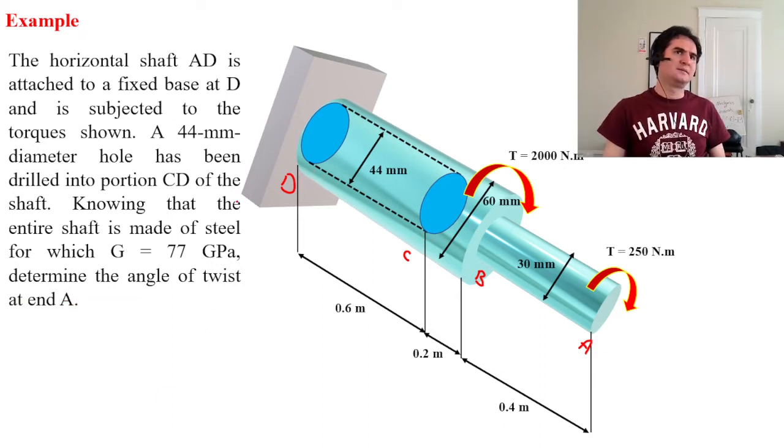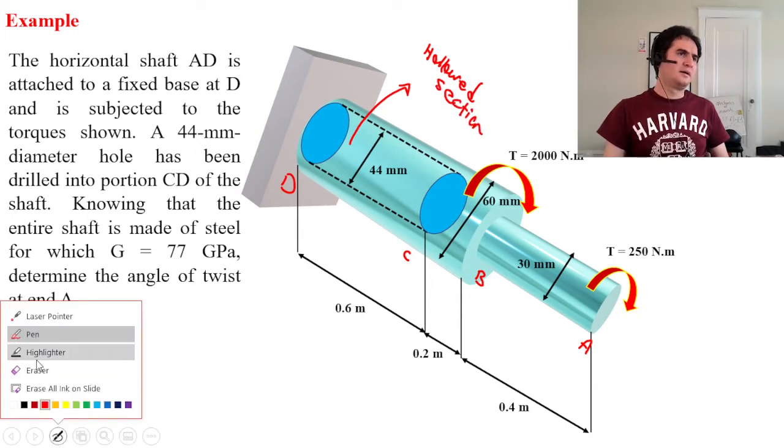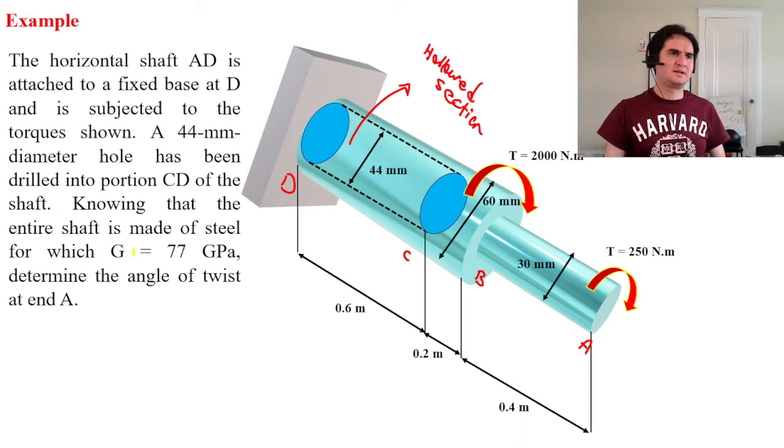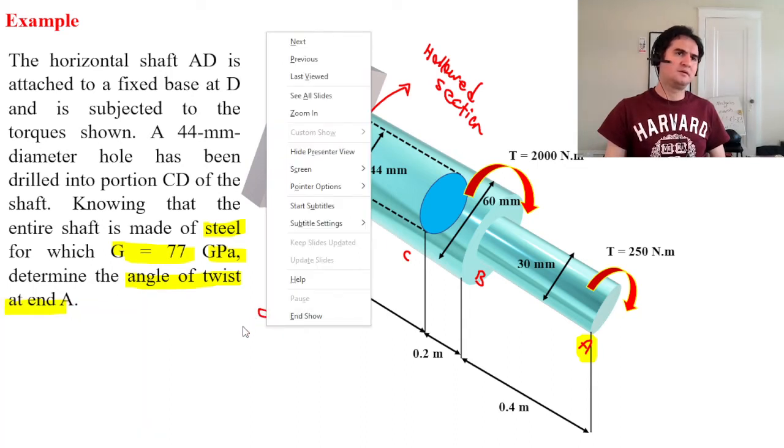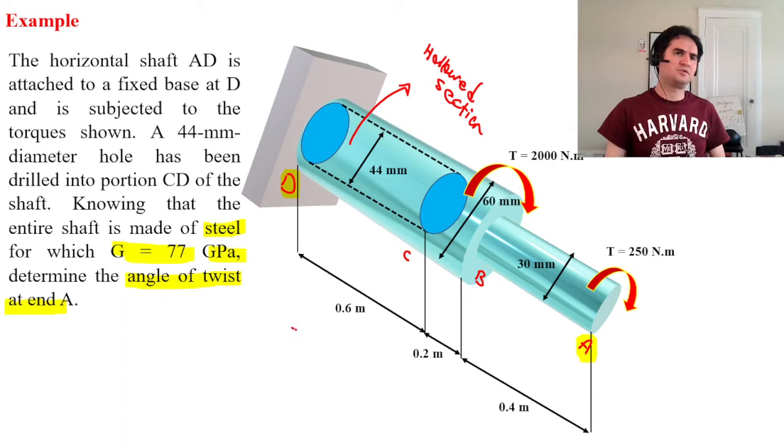And again, knowing the material is a steel with a shearing modulus of 77 gigapascal, we want to know the angle of torsion or angle of twist at free end A with respect to D. That's phi A minus phi D. Because D is a fixed end, it cannot rotate, so that's 0.